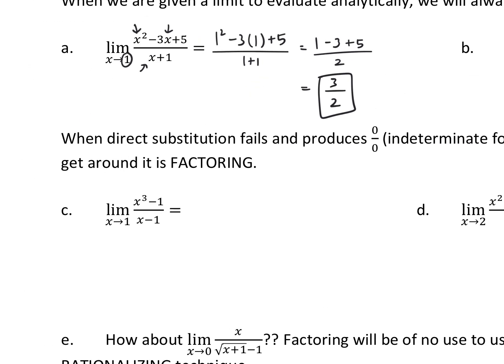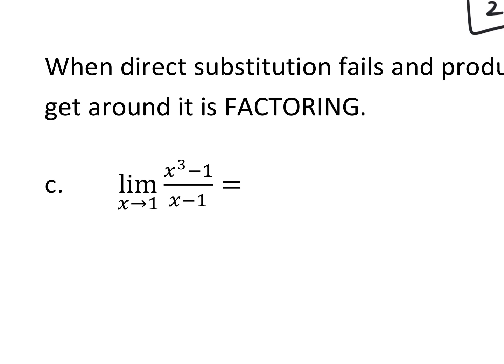So if I look at letter C here, the first thing you would do, if I just said to evaluate this limit, is test to see what value you get if you plug in 1. So if I plug in 1 here, 1 cubed minus 1 over 1 minus 1, that is going to give me 0 over 0. Okay, so I can't do that. I have to do something else in order to evaluate this limit.